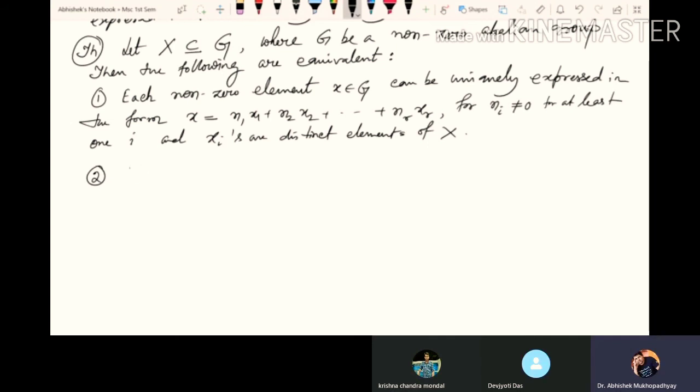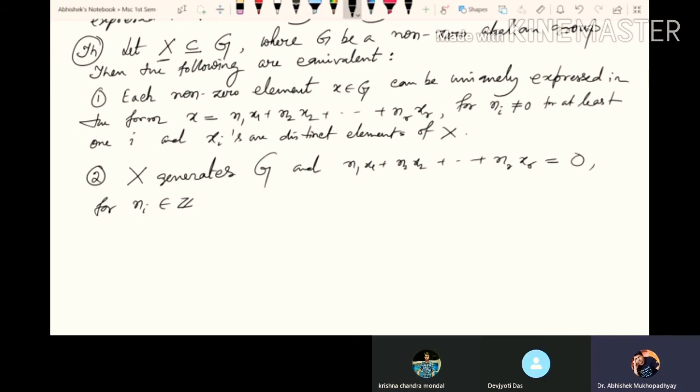And this is the second. The set X generates the group G. This is the first property, and in addition to this, if n1 x1 plus n2 x2 plus ... plus nr xr is 0, for ni's in Z integers and distinct xi's from X, this will hold if and only if all those integers are 0.